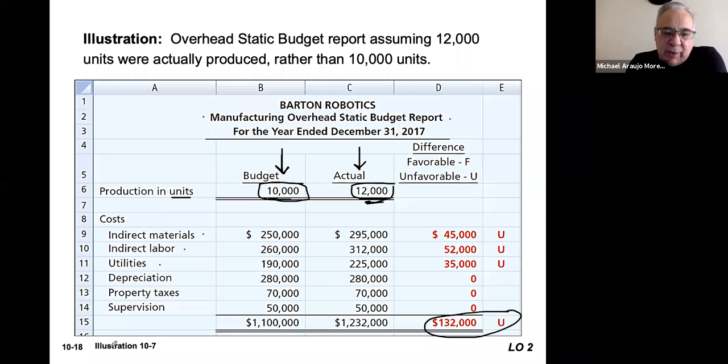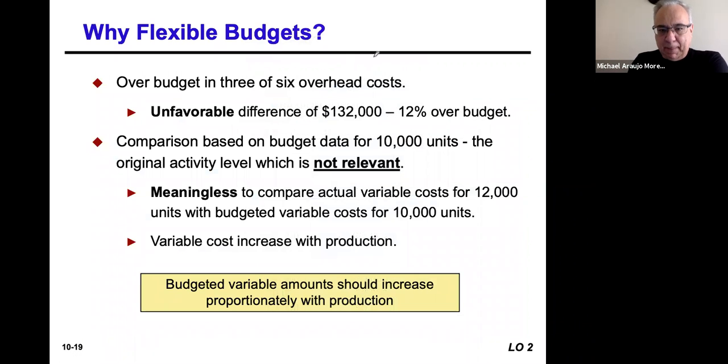So thus, we have to create more than one static budget, so we can compare things properly. When you looked at the last budget, it looks horrible. 12% over budget, 132,000 over, not very good. But you're comparing 12,000 units that you actually produced with data for 10.